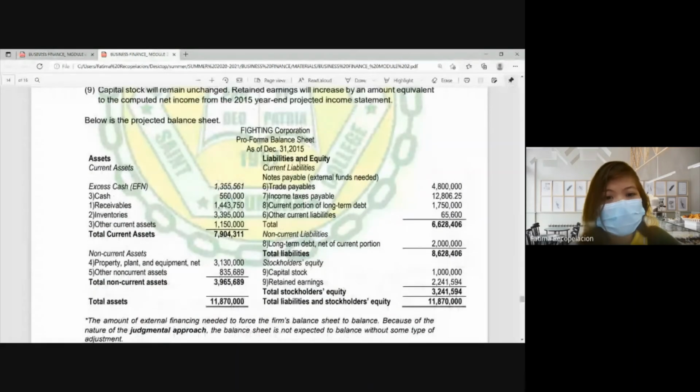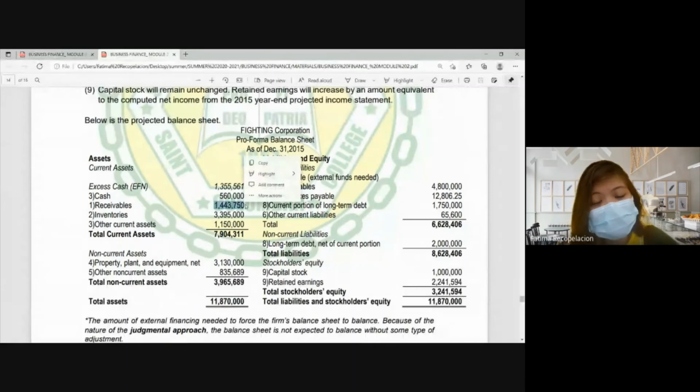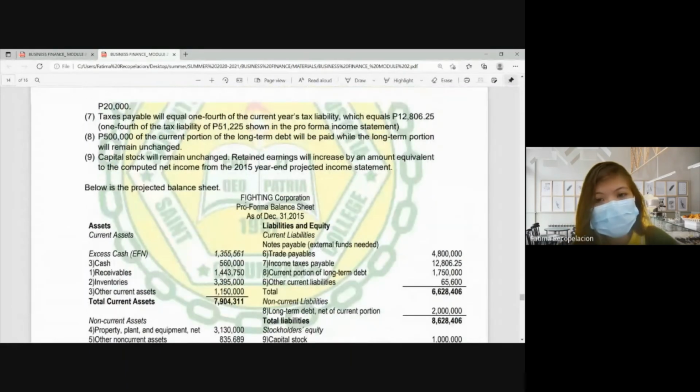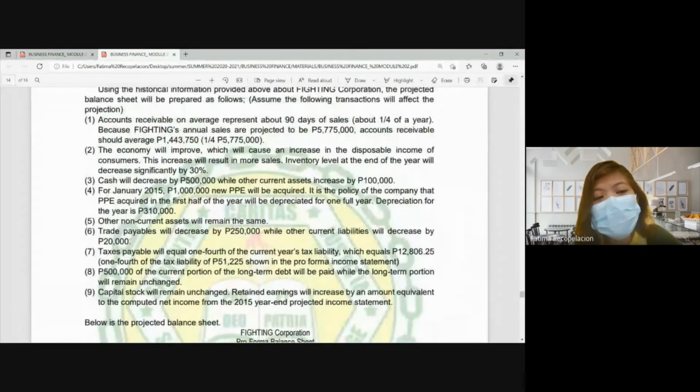That's why when you go back here, receivable is equal to 1,443,750. When this is the assumption, guys, using the judgmental approach, you will see that your assets will not equal the sum of your liabilities and equity.